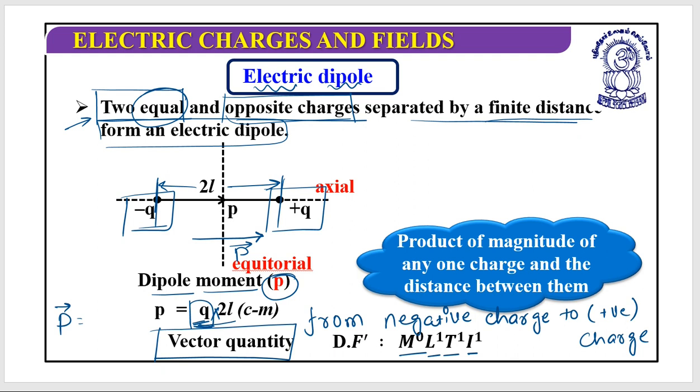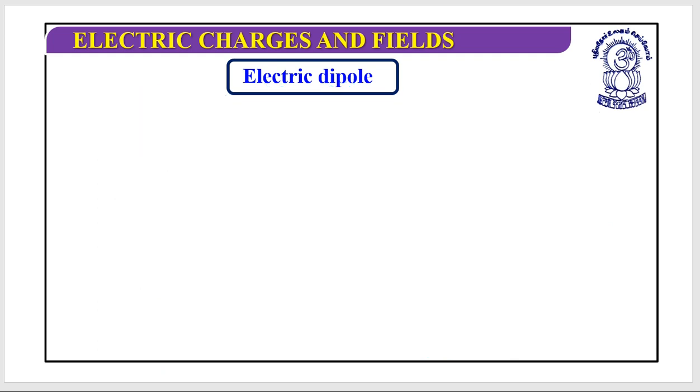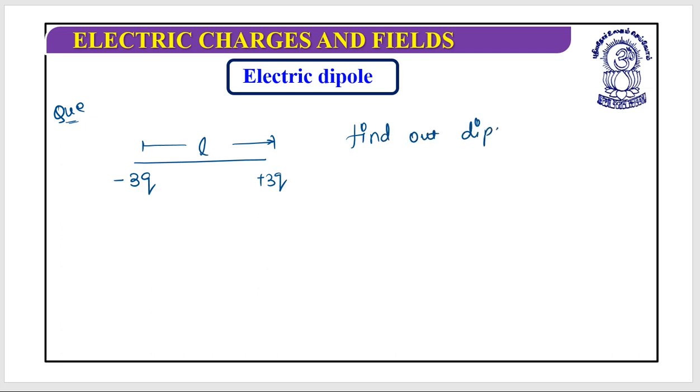Yes. So let's find out electric dipole questions. Let's say this is minus 3q, this is plus 3q, and the separation between these two is L. We have been asked to find the dipole moment and its direction.